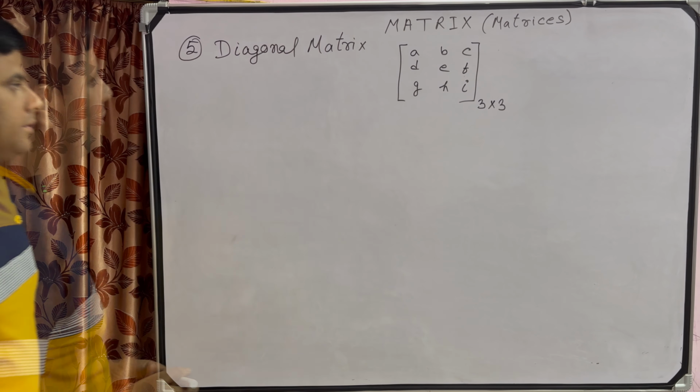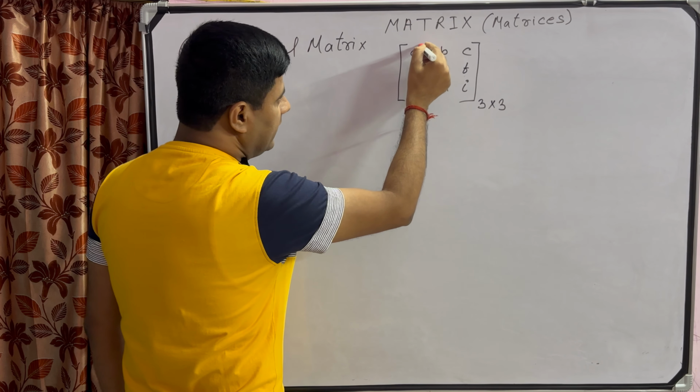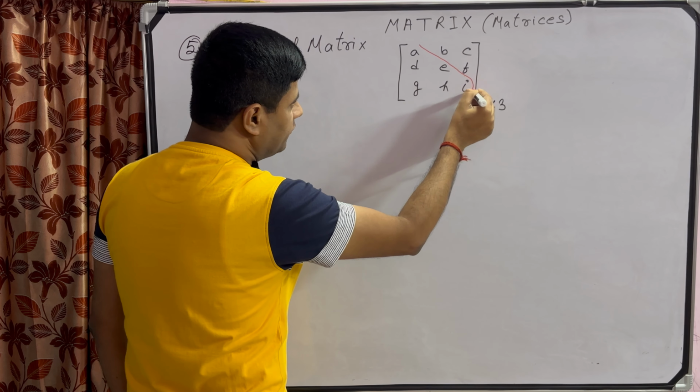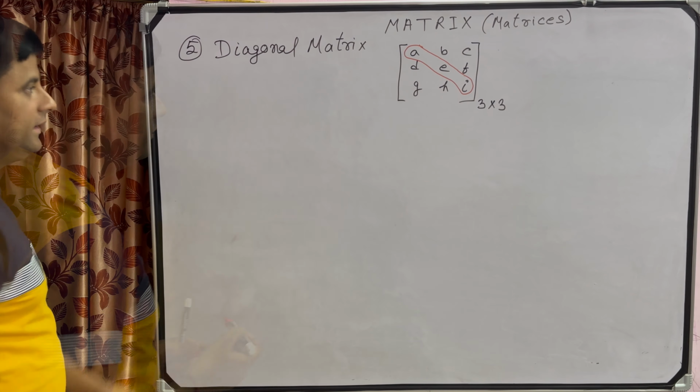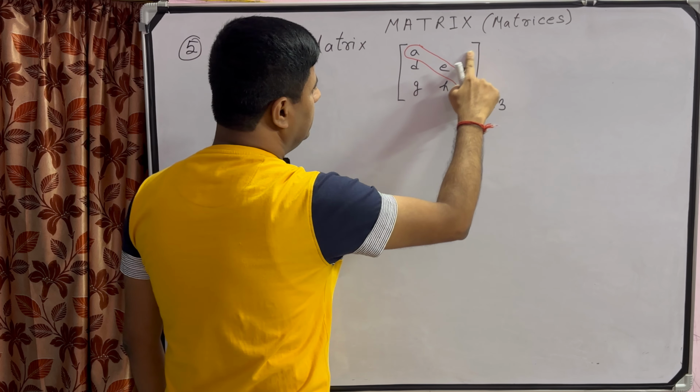Diagonal means these 3 elements are called diagonals. So a diagonal matrix means that except for the diagonal, all the members will be 0.